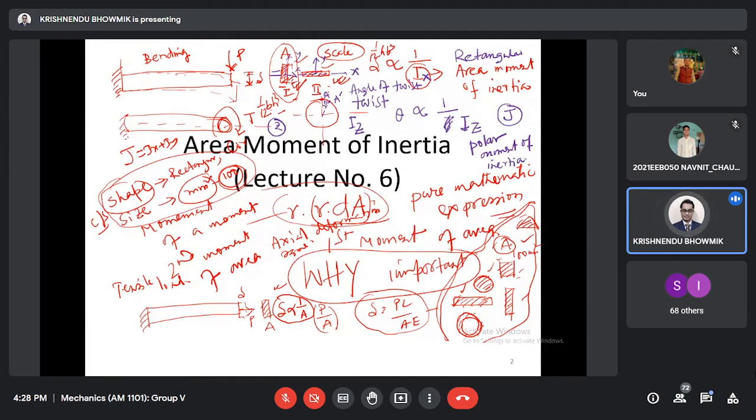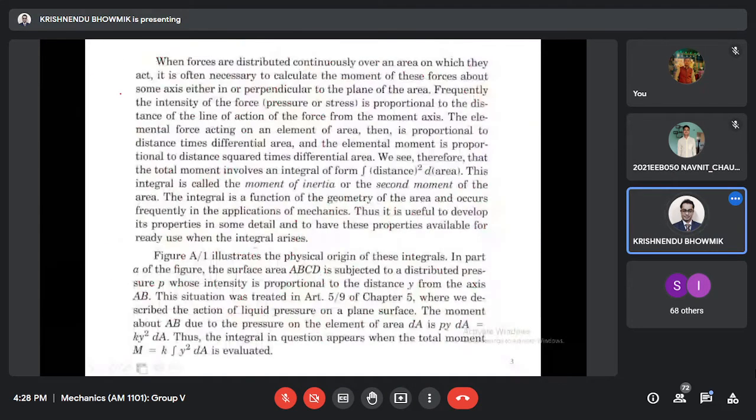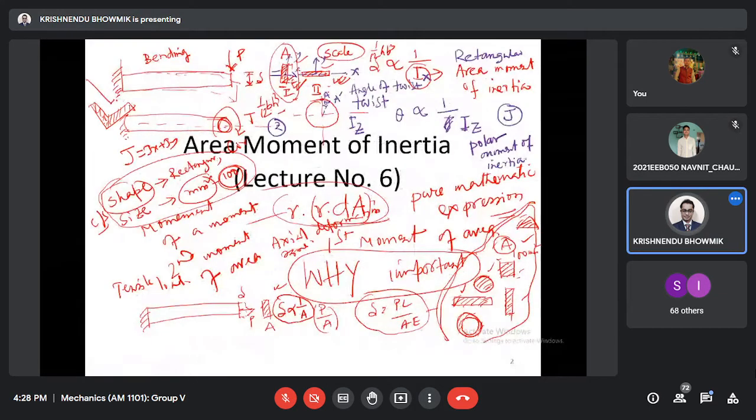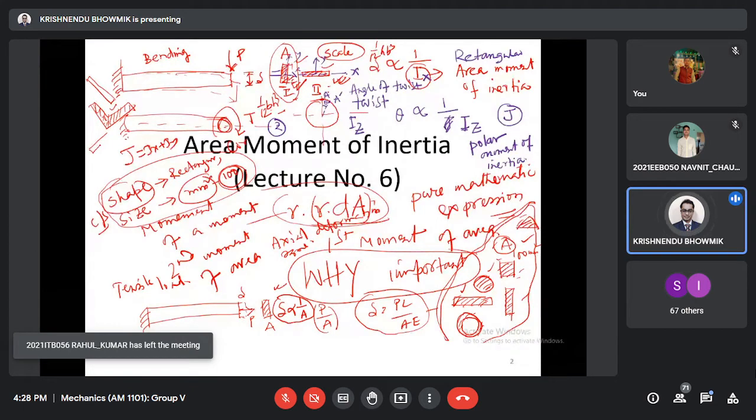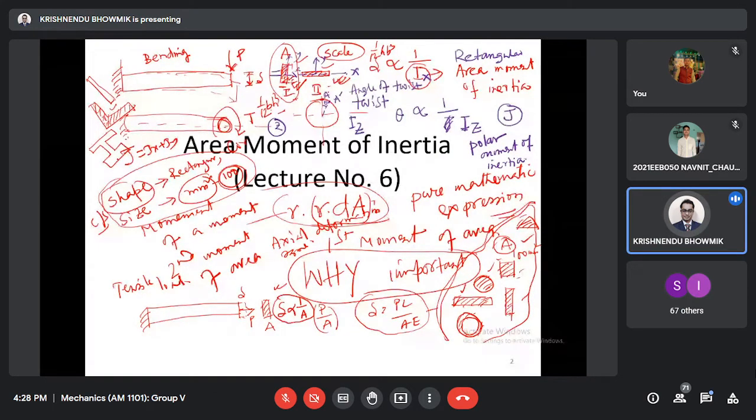You have seen that structures are this L shape, angle shape. This is the angle shape because it has a higher value of resistance compared with this simple cross section. This is better. Sometimes you have seen I sections for many engineering components. Sometimes you have seen the Z sections.